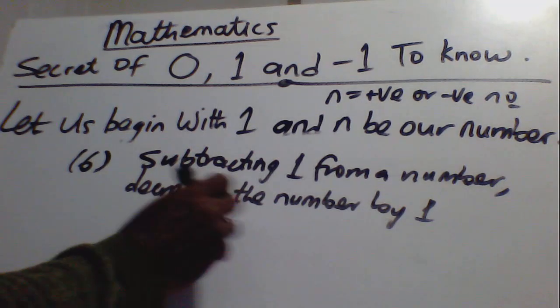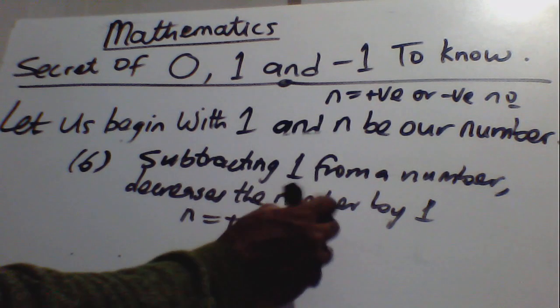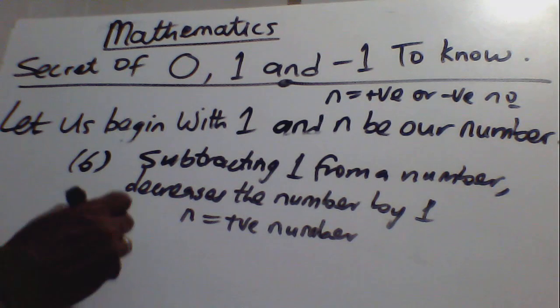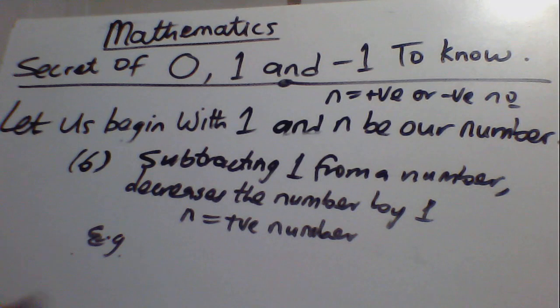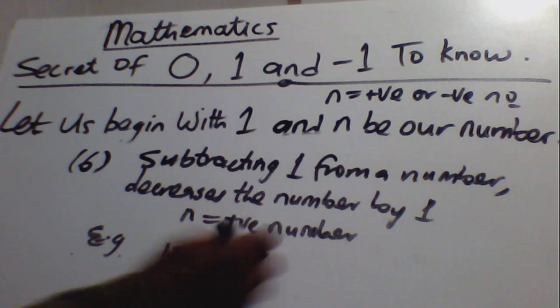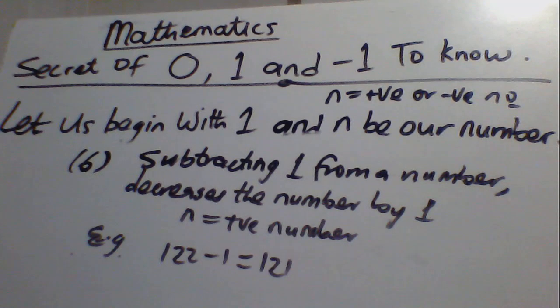In this case, n is a positive number. So look at the example. Let's look at the first example. 122 minus 1 is equal to 121.